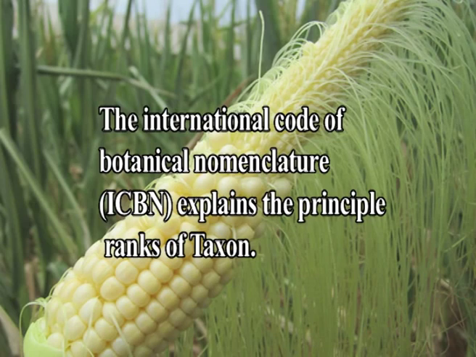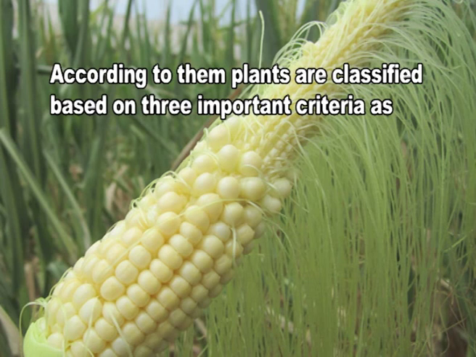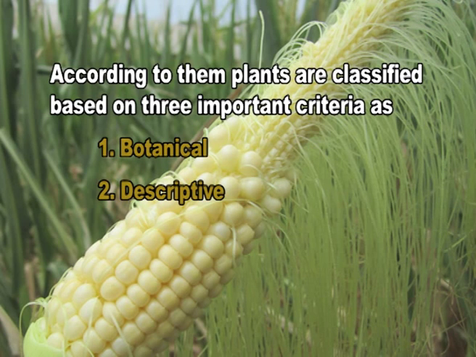In this context, there is a need to classify the crops for a systematic geographical analysis. The International Code of Botanical Nomenclature explains the principal ranks of taxa. According to them, plants are classified based on three important criteria as botanical, descriptive and agricultural.